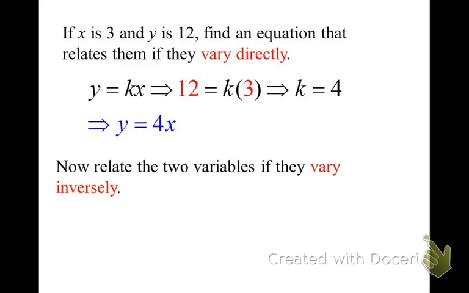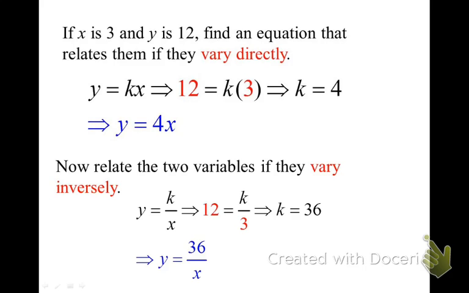In this section, they're also going to ask us, what if they vary inversely? What's the equation if they vary inversely? We follow the same process, we just use a different formula. Our formula is y equals k over x, so the 12 goes in for the y, the 3 goes in for the x, and again we solve for k.